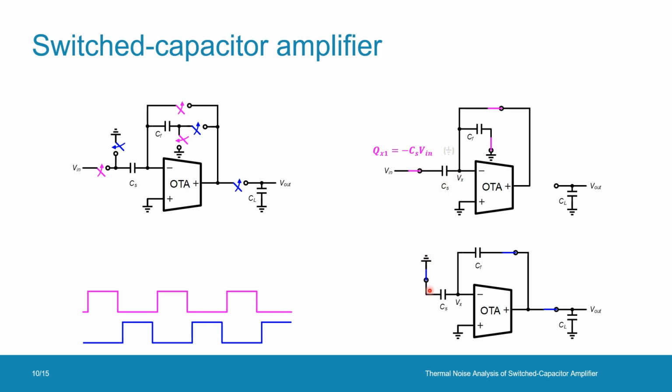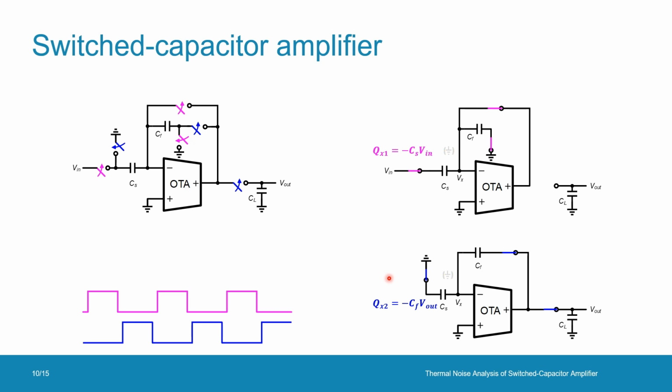And then the redistribution phase. The input is shorted to ground, and the OTA is in capacitive feedback. In this case, the node Vx is again virtual ground, but with a charge of minus CF Vout. Now, the charge in the transition between the two phases must be preserved, meaning that Qx1 equals Qx2.